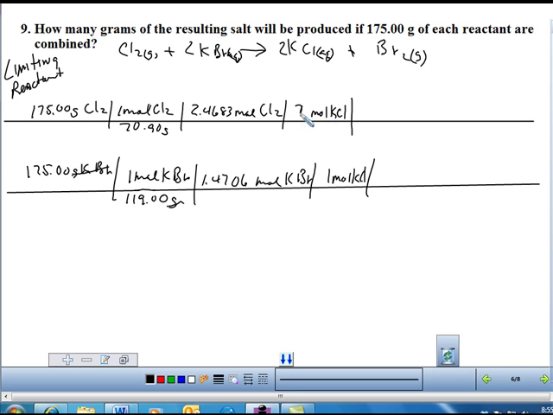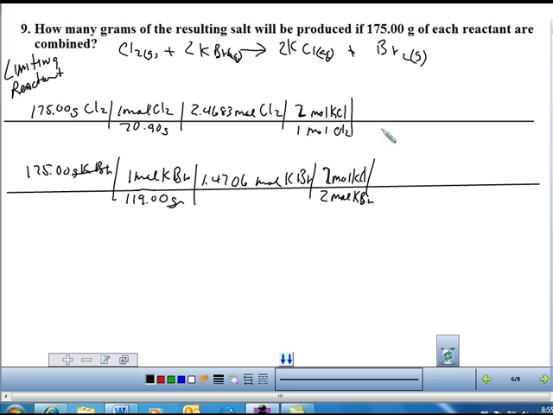So we want to convert this to potassium chloride. This is a 2 to 1 mole ratio for chlorine, and 2 to 2 moles of potassium bromide, okay?